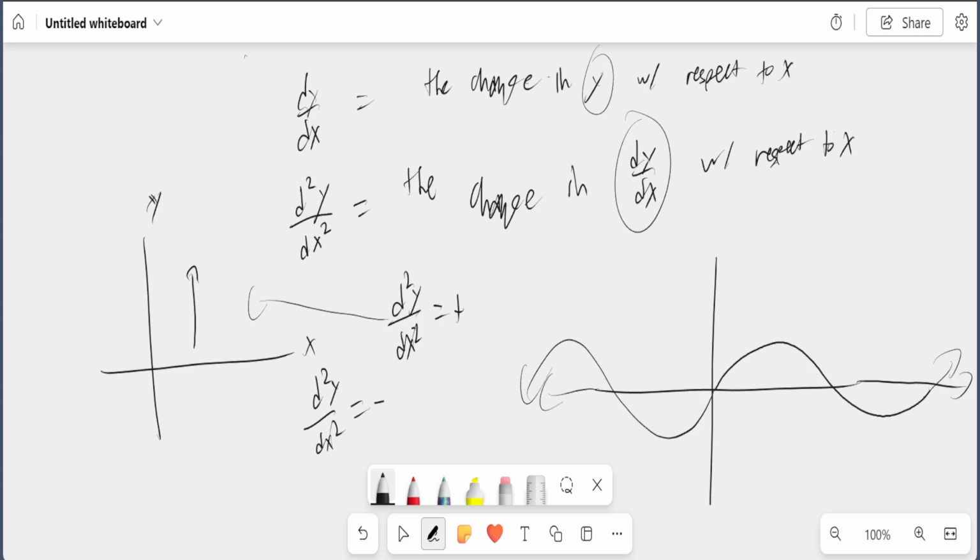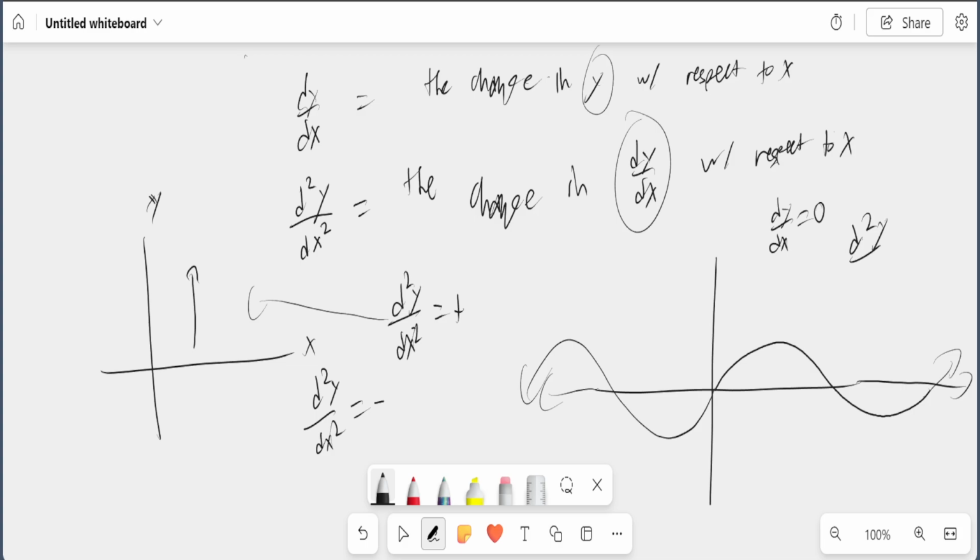Does that mean it's moving downward? No. Your car, when it's moving 50 miles per hour and you put on the brakes, is still moving forward, but it's slowing down. We know when dy/dx is equal to 0, it's a relative minimum, maximum, or something.